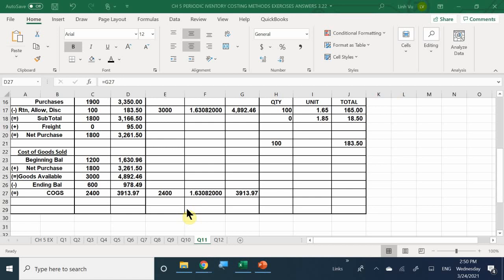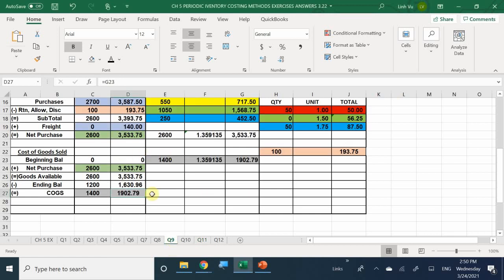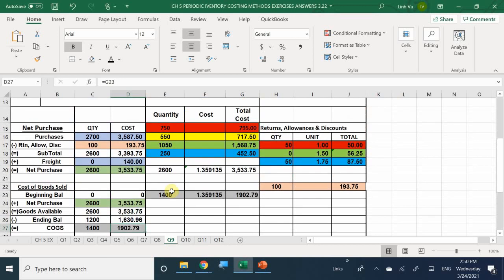I do have a comment that might help others in case they run into this. On sheet Q9, yes, if everyone goes to Q9, it'd be a lot easier. You'll understand what I'm saying. Over in the returns, allowances, and discounts, as I started doing my worksheet, I did the 50 with the $1, and I did the formula.